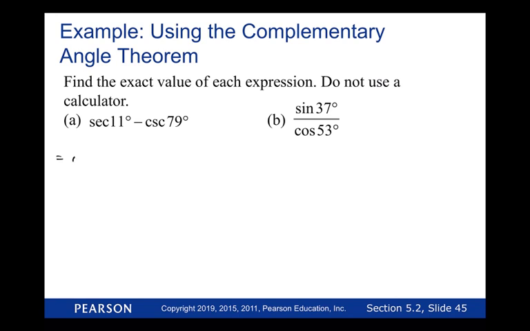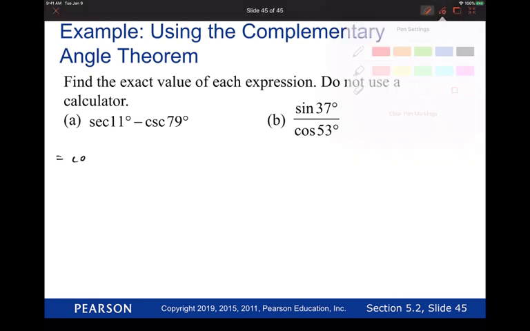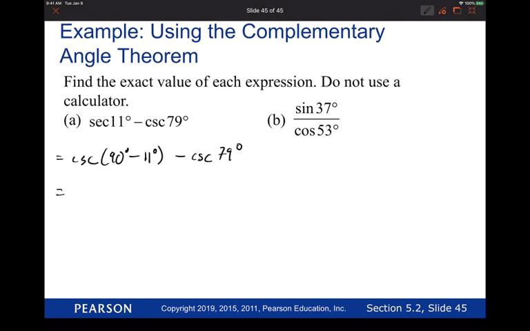Secant of 11 is the same as cosecant of 90 degrees minus 11 degrees. Then we're still going to bring this other thing down. 90 minus 11 is what? 79.